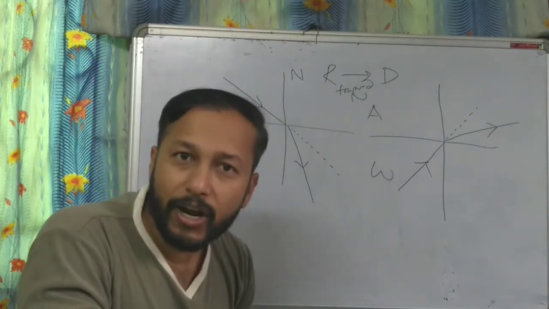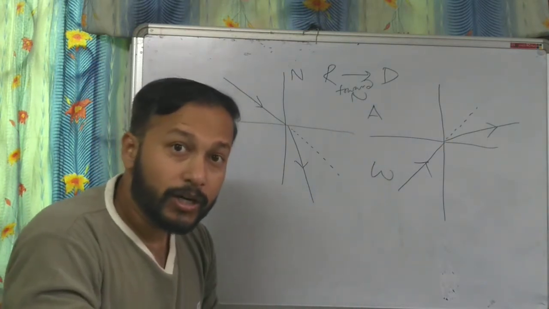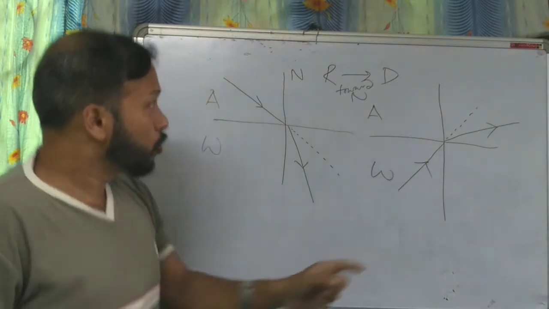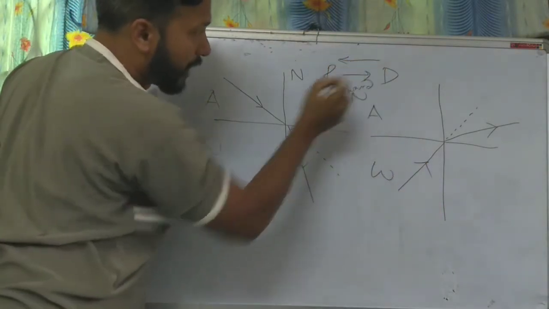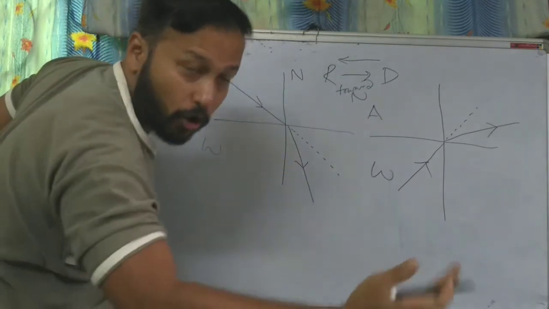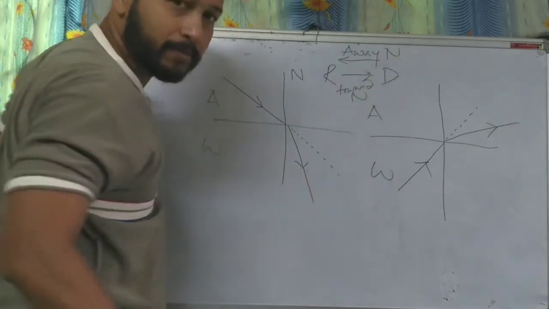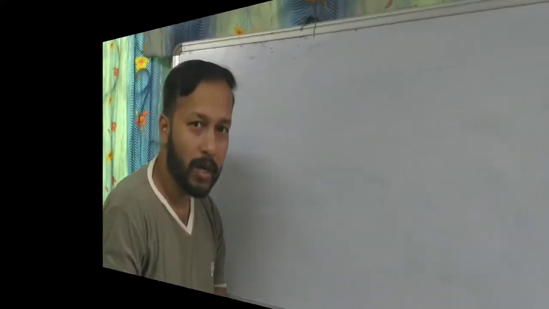But when a ray of light goes from denser to rarer, it will go away from the normal. Understood?